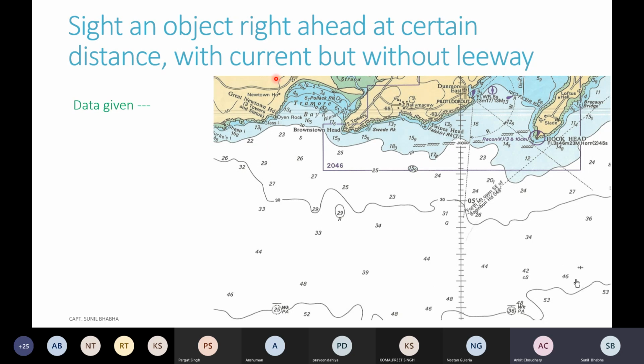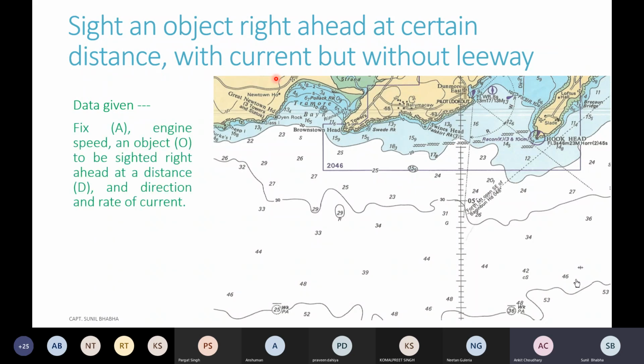Let's first see what information or data items are provided in this type of question. They will tell us the initial position, observed position or fix of the ship. The engine speed is given to us. A reference object which needs to be sighted right ahead is given to us.